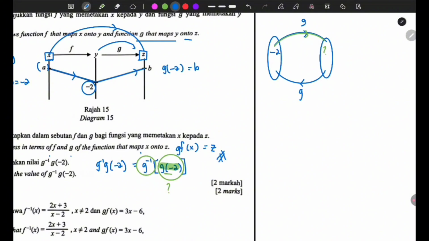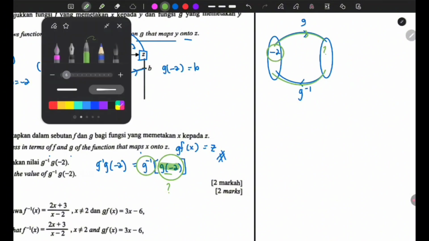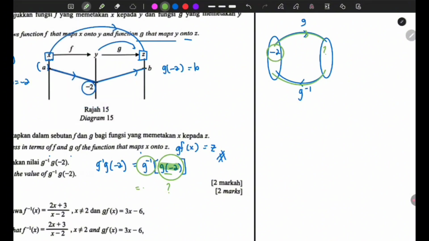So I go back to here. From where I stop, at the question mark, I go back using the g inverse function bridge. So what do I get back? -2, right? So the answer is -2. It's like a loop, a cycle.